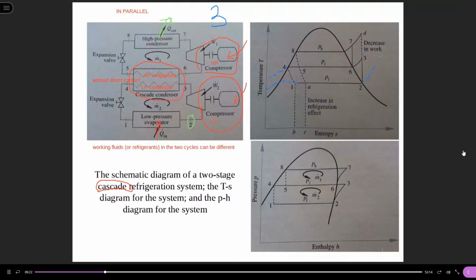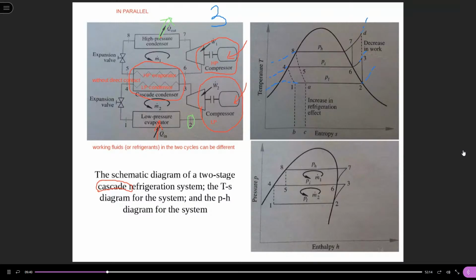Then for the cascade condenser, there is one pressure, and for the high pressure condenser, it also has a constant pressure line, or isobaric process.